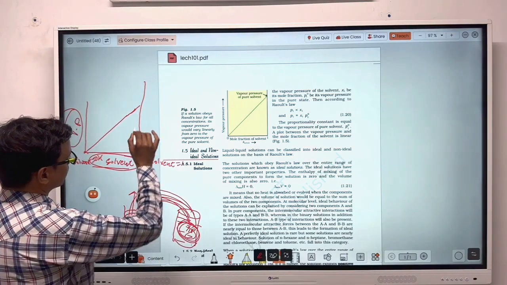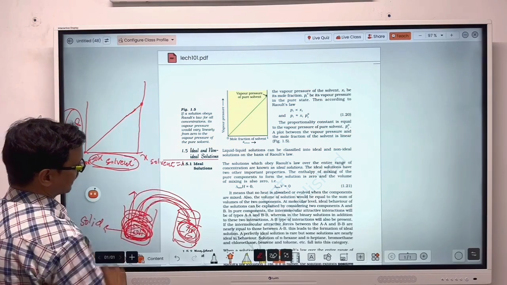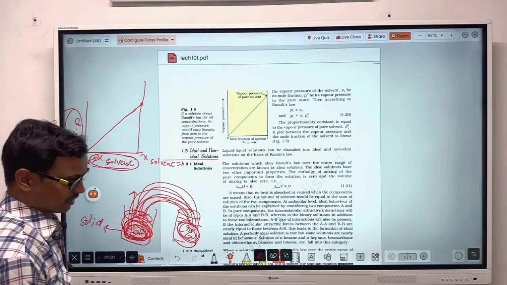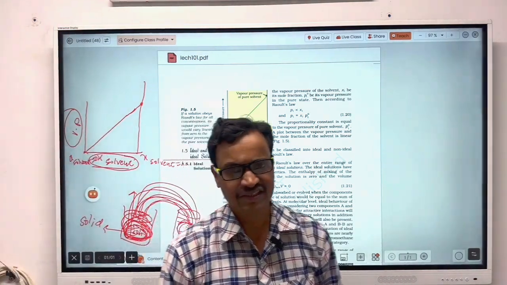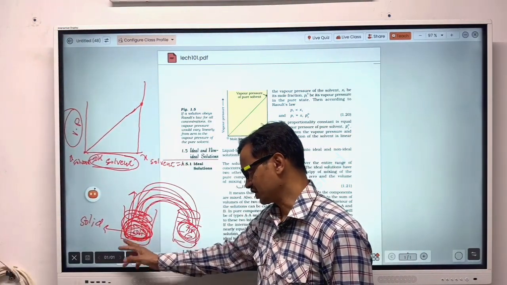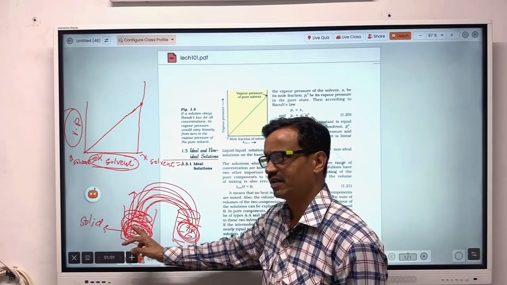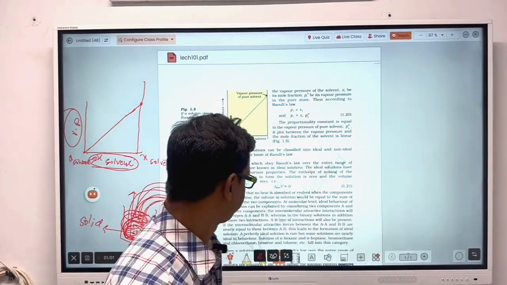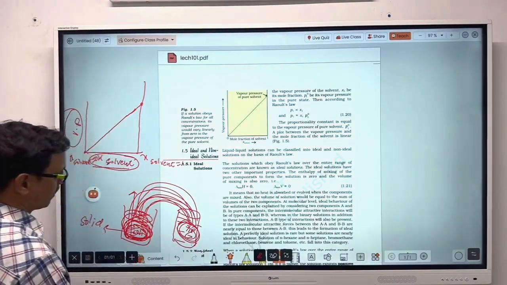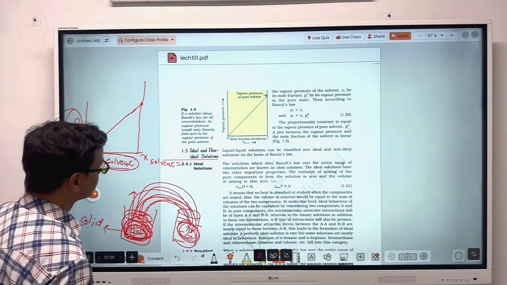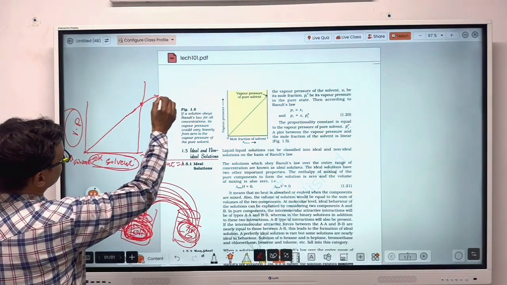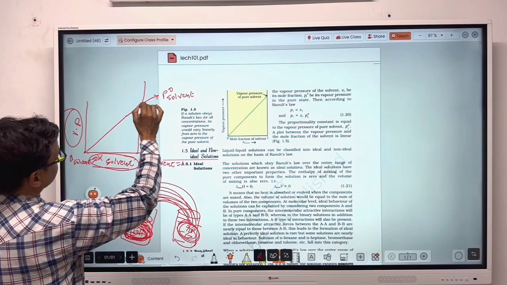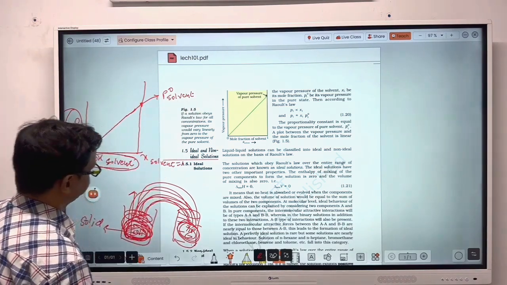What happened when you added more and more water is that after a state, the amount of this salt becomes negligible compared to the amount of the liquid solvent. Then the mole fraction of the liquid solvent will be equal to 1. So that will be equal to the vapor pressure of that solvent in its pure state.